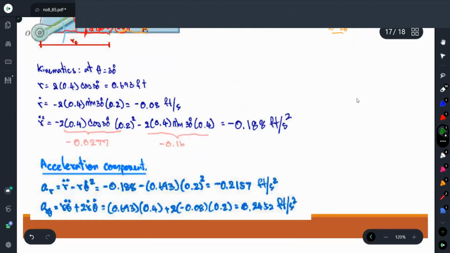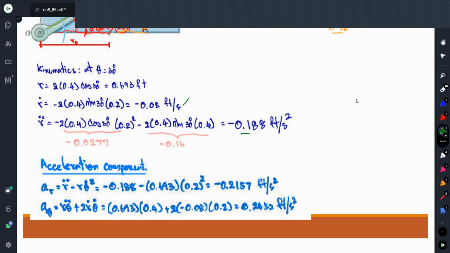Before we consider the equation of motion, we come back to kinematics first. From the first derivative of the r term, we have r dot equal to minus 0.08 for this case, and for r double dot, we determine that it is equal to minus 0.188 foot per second squared.